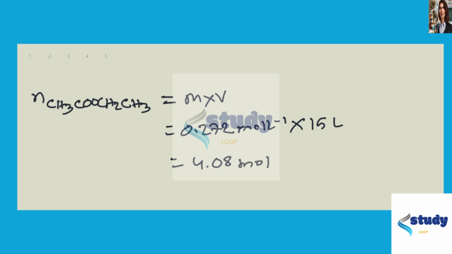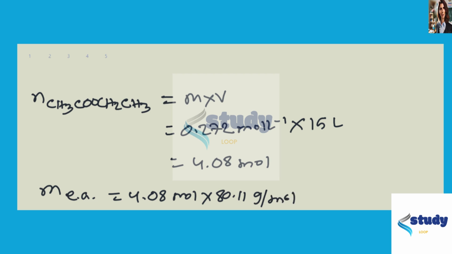And from here we can easily find the mass of ethyl acetate, which will be the number of moles times the molar mass. Since number of moles equals mass over molar mass, mass will be number of moles times molar mass. The molar mass of ethyl acetate is 80.11 grams per mole.